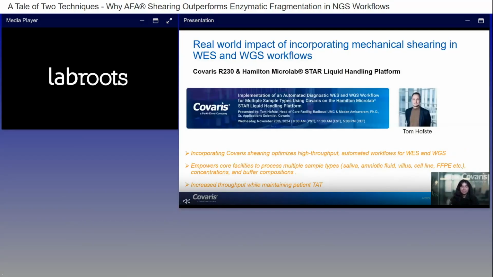And they were able to meet these demands by incorporating Covaris shearing into an automated NGS workflow, enabling high throughput whole exome and whole genome sequencing that was flexible to sample type and composition as well as concentration, all while maintaining their sample turnaround time. So I think it's really important to highlight the places where optimizing these tools is really allowing labs to solve real-world problems.